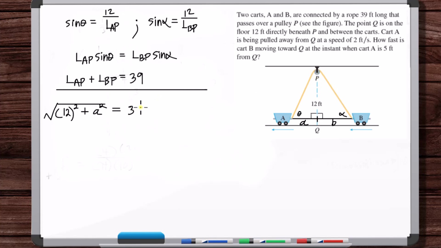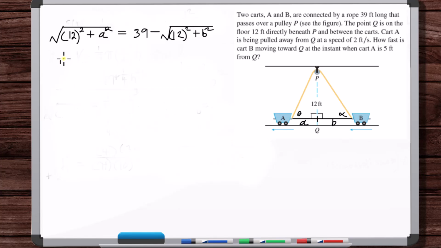That would be 39 minus the square root of 12 squared plus b squared. There we go. So 144 plus a squared is equal to 39.